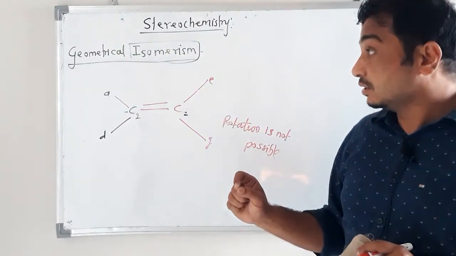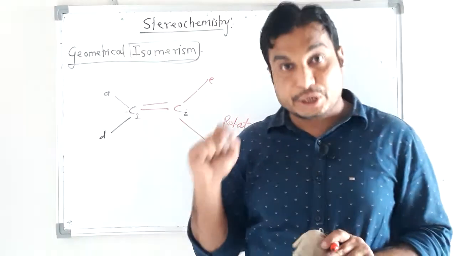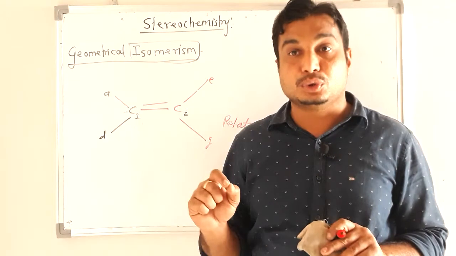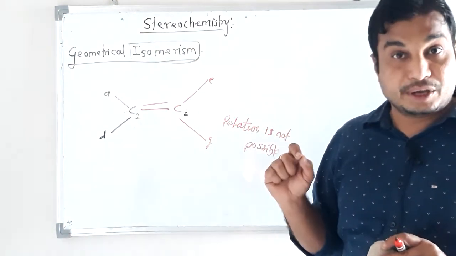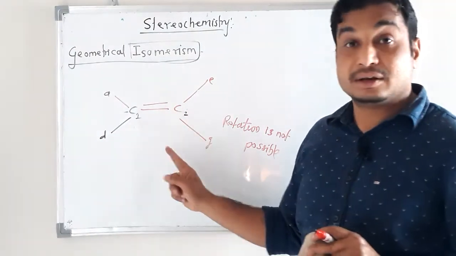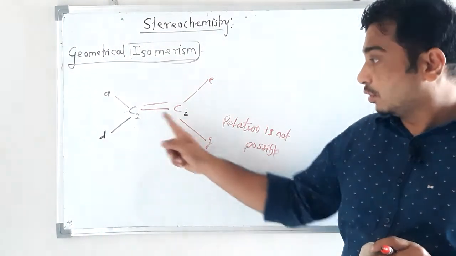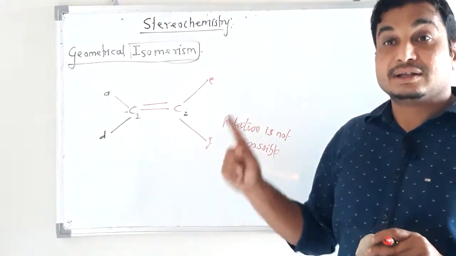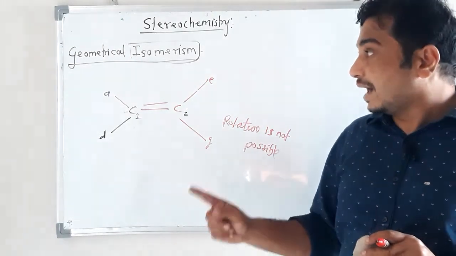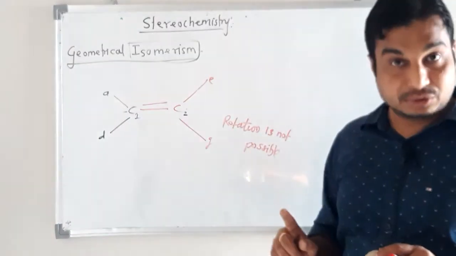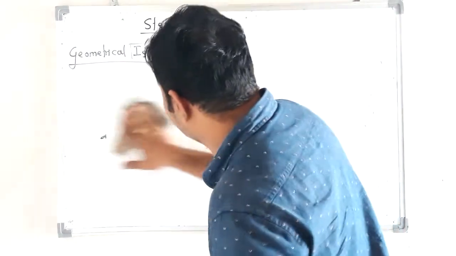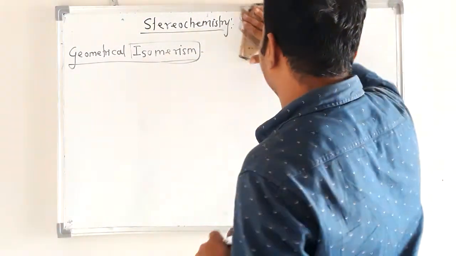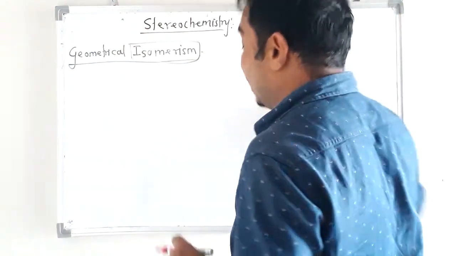The stereoisomers which arise due to restricted rotation of a chemical bond across a carbon-carbon bond are called geometrical isomers. I will take some examples and that will make clear what geometrical isomers are.